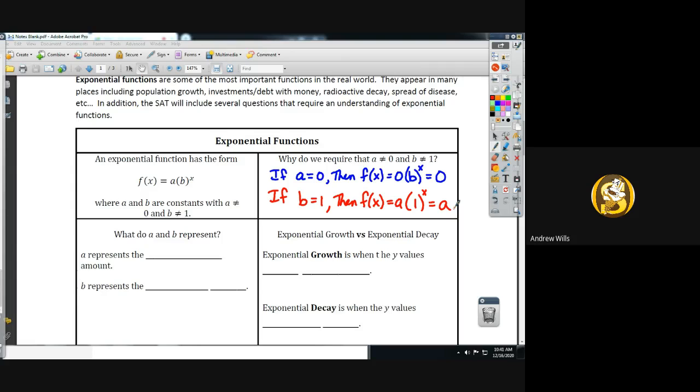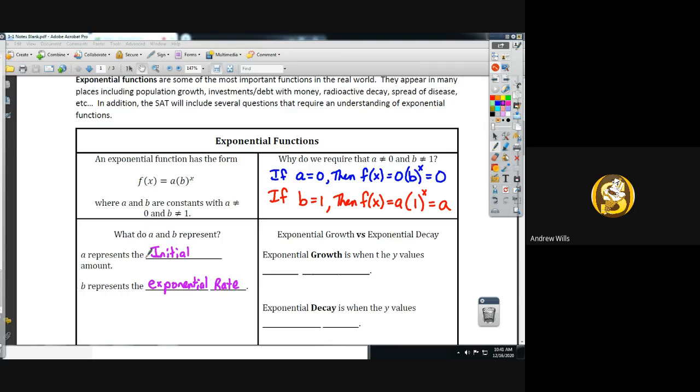The a value is called the initial amount. And b is going to represent our exponential rate. Okay?